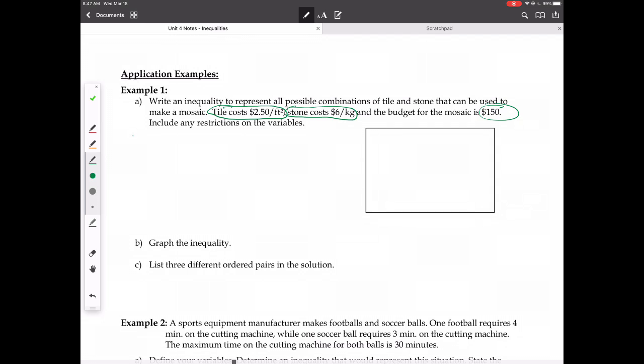I'm going to say that X is going to be the amount of tile in feet squared. I'm going to say that Y is going to be the amount of stone in kilograms.